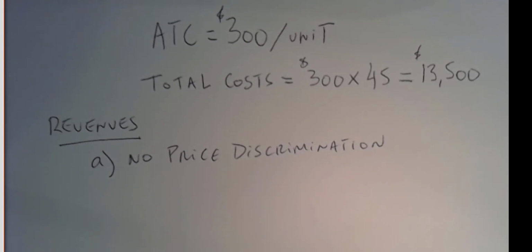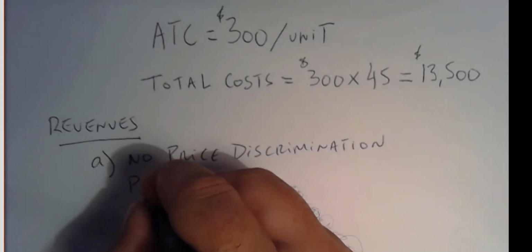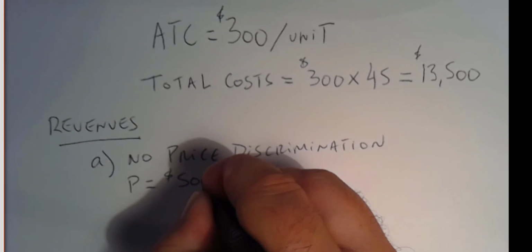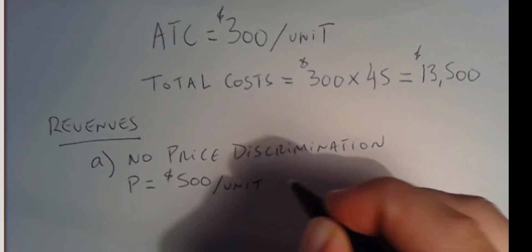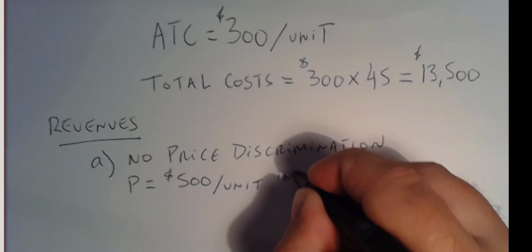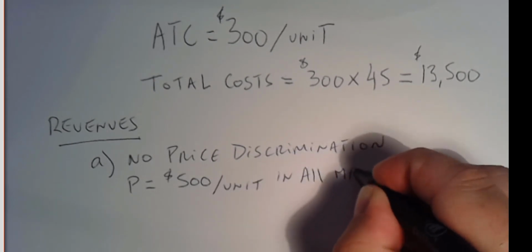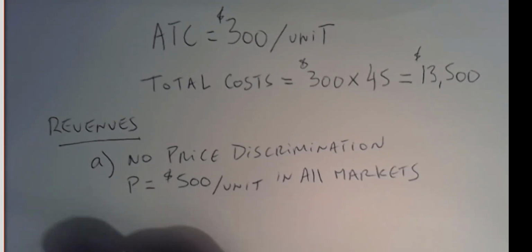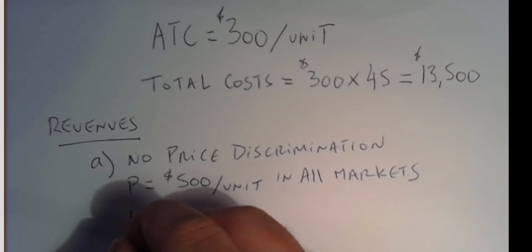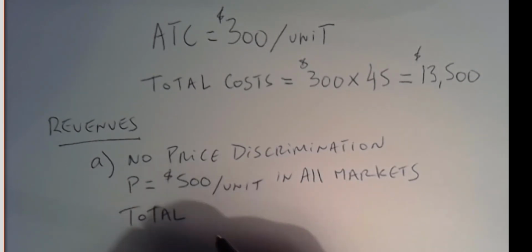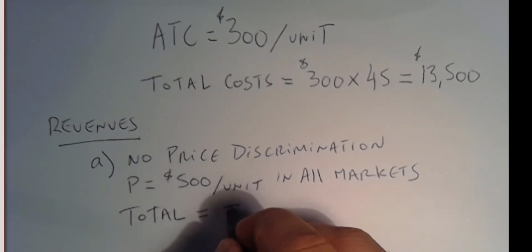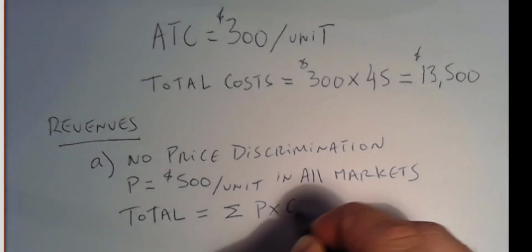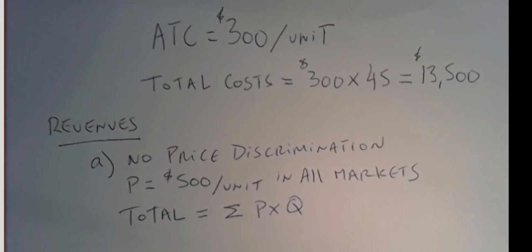This means that the selling price is $500 in whatever market. Therefore, the total revenue is basically equal to the summation of price times quantity in all markets.